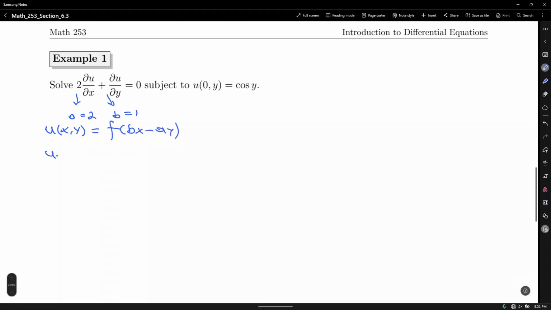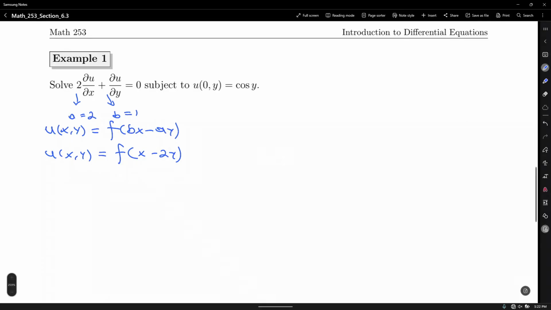So u of x, y equals f, some function of x minus 2y. All right? Actually, that's the general solution to the differential equation, guys. That's it, right? That's all. But that's just the general solution.